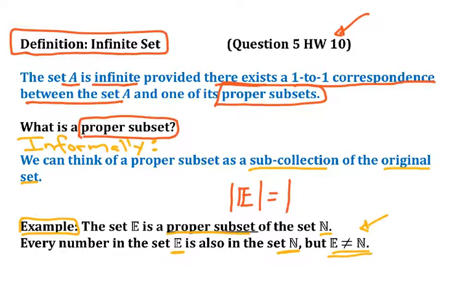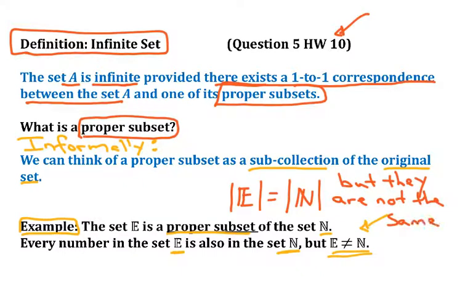They have the same cardinality, but they are not the same set. So this is a property of infinite sets. You can form a one-to-one correspondence with one of its proper subsets.